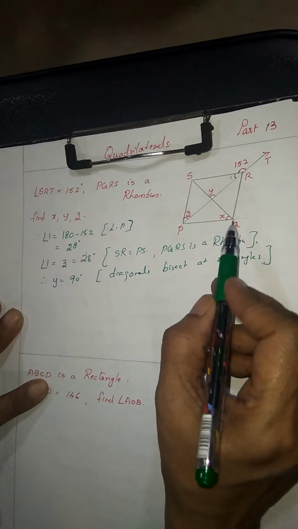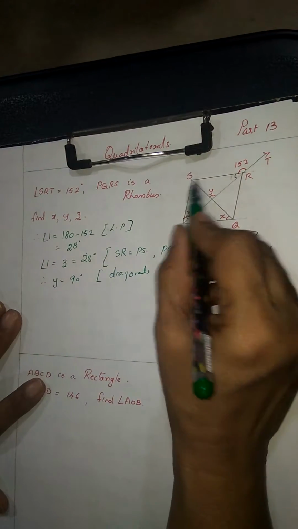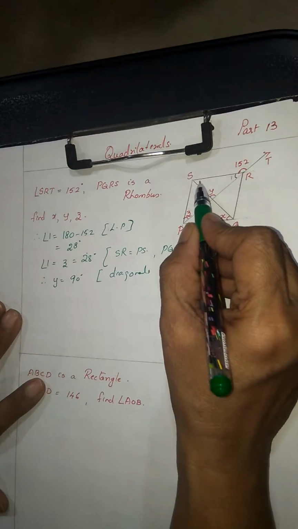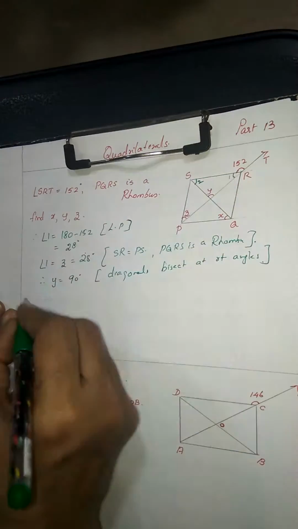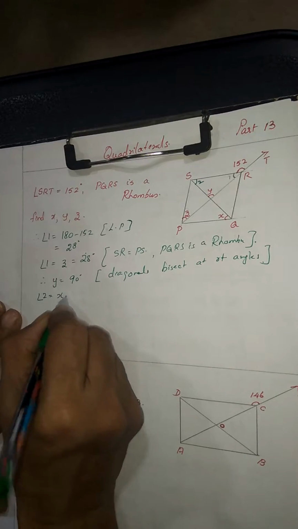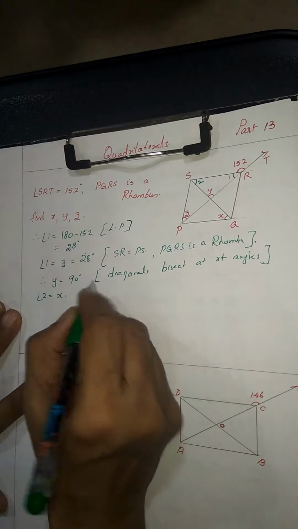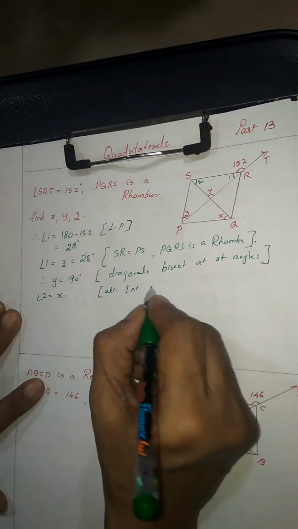Now we have to find the value of X. Let's say this angle is 2. So angle 2 is equal to X, alternate interior angles.